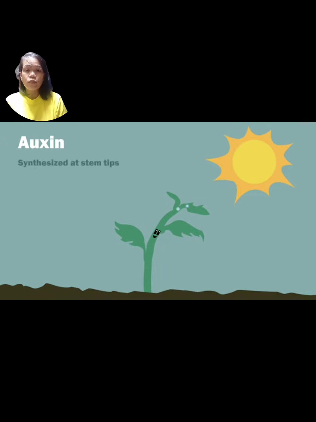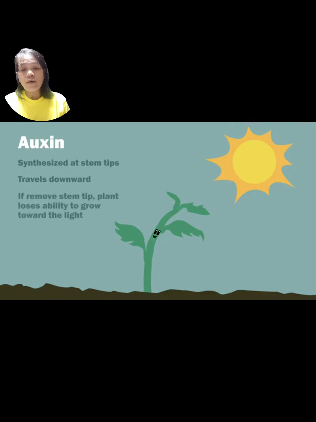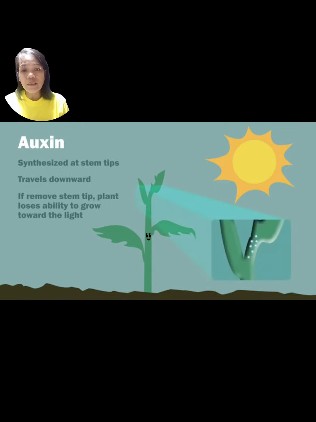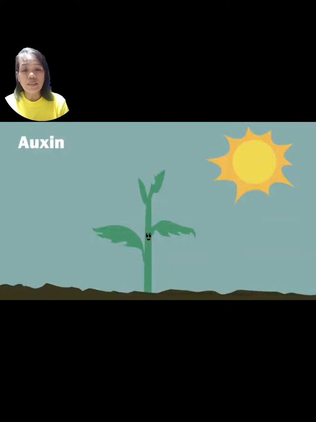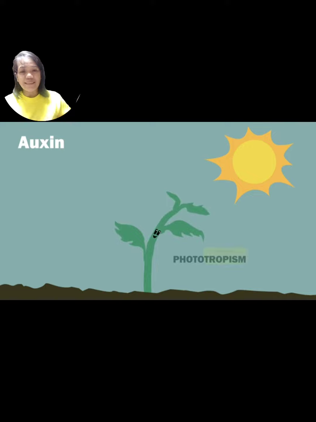Auxin is a hormone that allows the plants to bend towards the light, and it's called phototropism. Tropism is the turning of an organism towards an external stimulus. Auxin is synthesized in the stem tips and travels downwards.